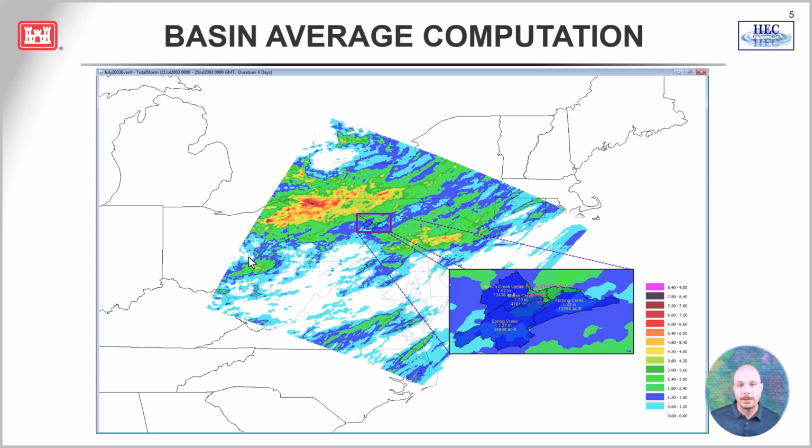For temperature gridded records, HEC-MetVue would compute and display a period average grid, or the maximum or minimum grid over the period, whatever the user chooses. And given a polygon shapefile like a basin map, HEC-MetVue can compute and display a default basin average layer, which is based on the intersection of gridded records and the areas in the shapefile.